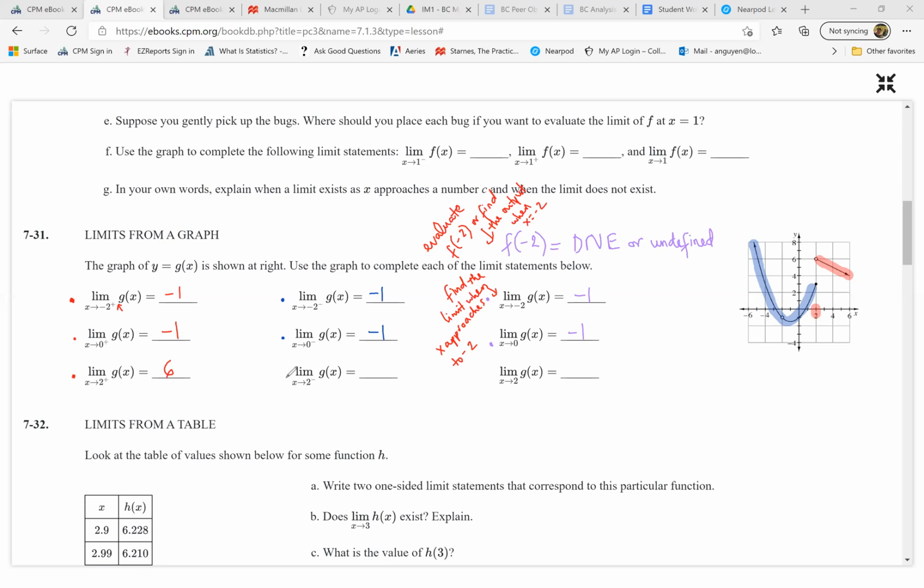So the limit will be 3. Now, next part. What is the limit when x is exactly at 2? Okay, got 3 with a question mark. 3, 3.